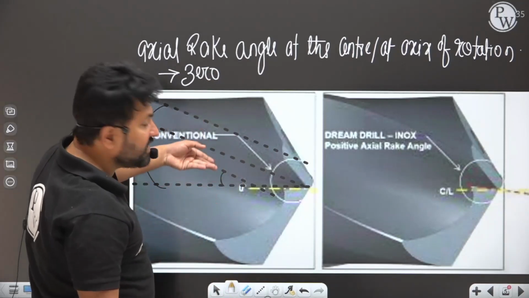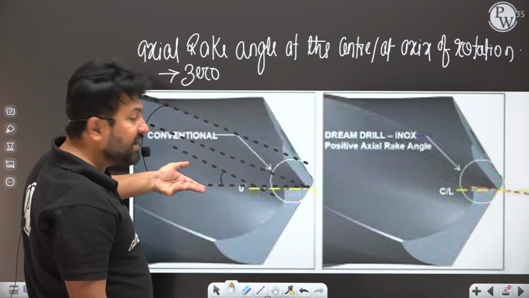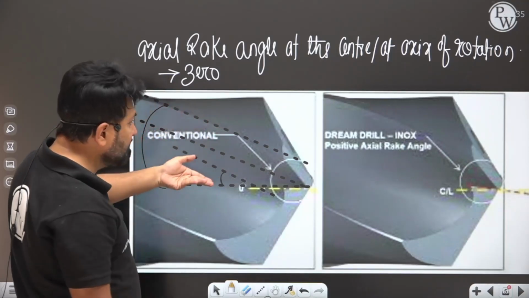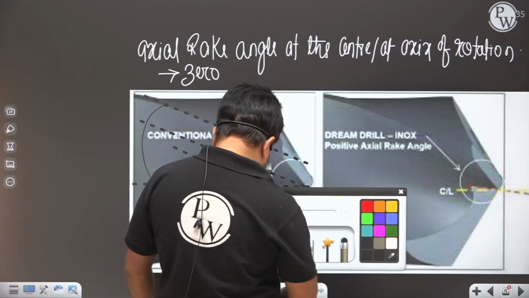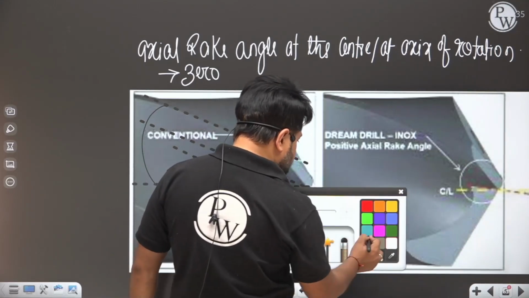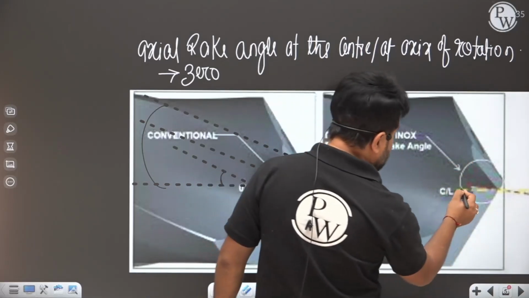When you start going away from the axis of rotation, then what happens? A helical flute starts forming, like here.